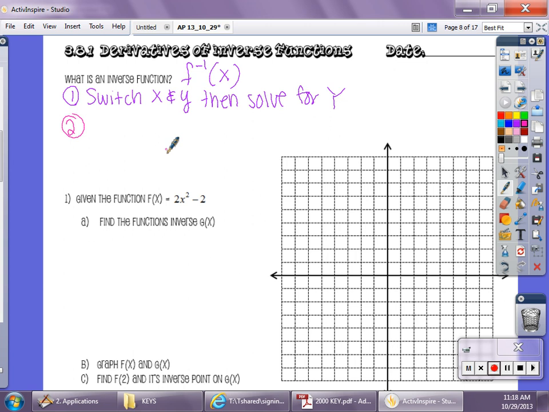We switch the x and y's just like I said in number 1. Graphically speaking, they are reflections across the line y equal to x.